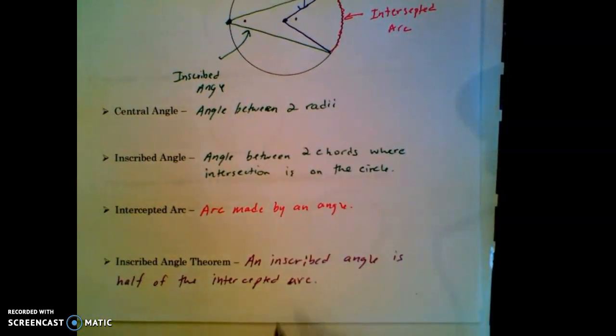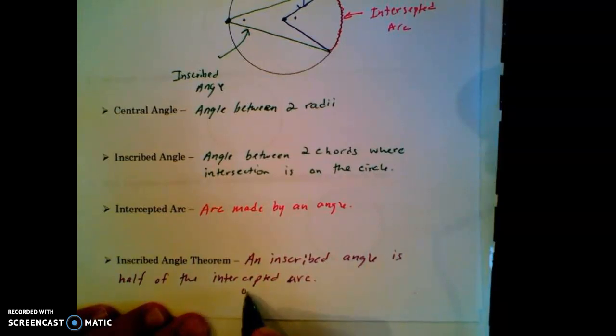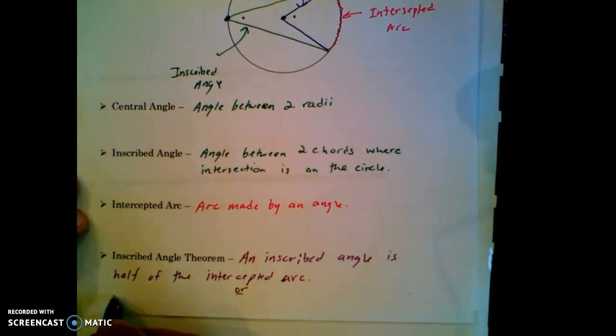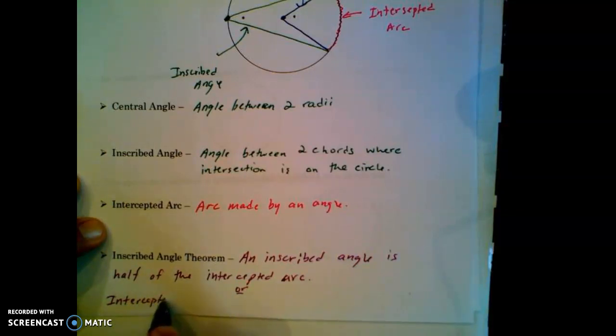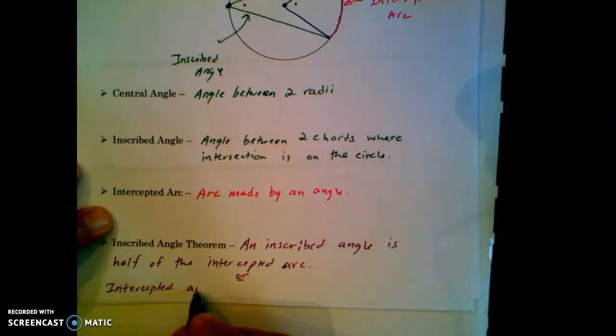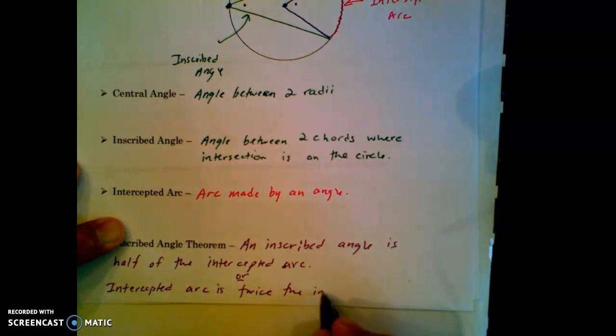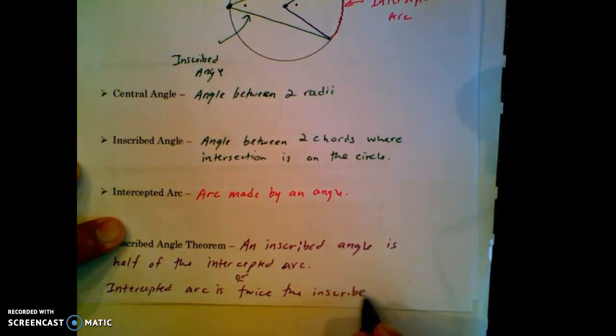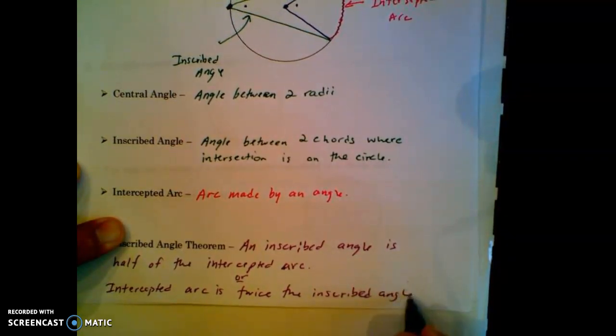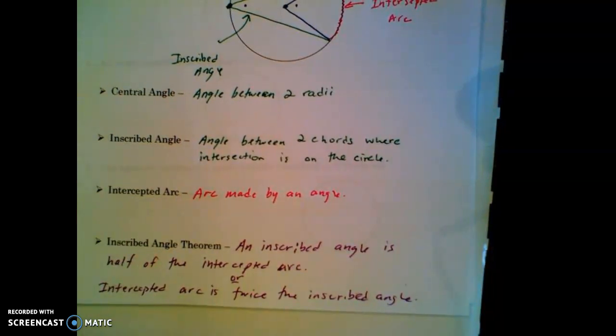Or you could think of it as the intercepted arc is twice the inscribed angle. Depends on your point of view. So that's what we're going to use today.